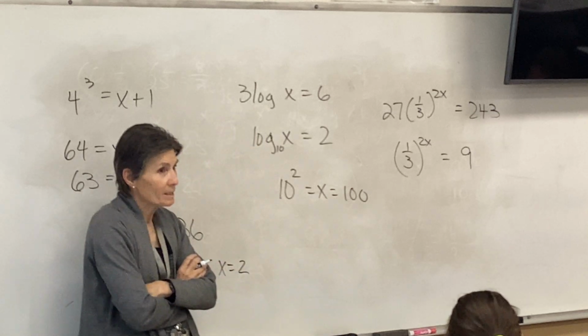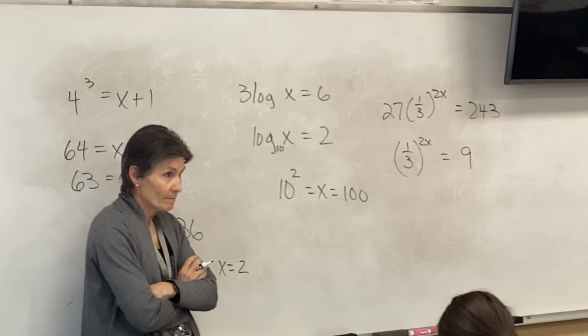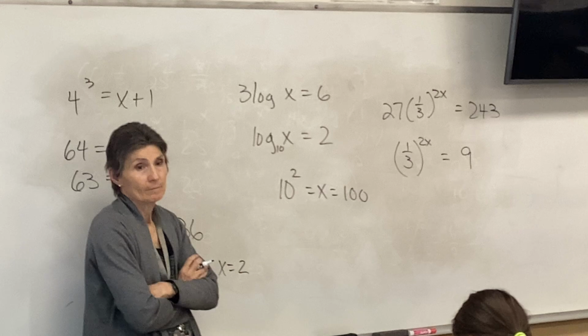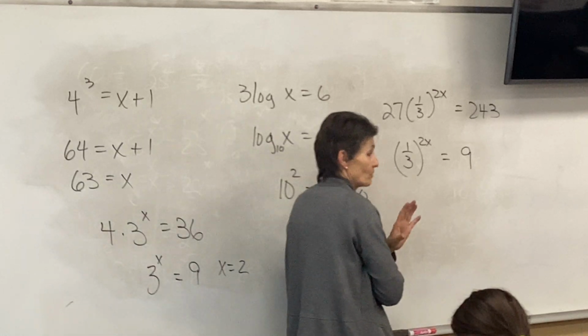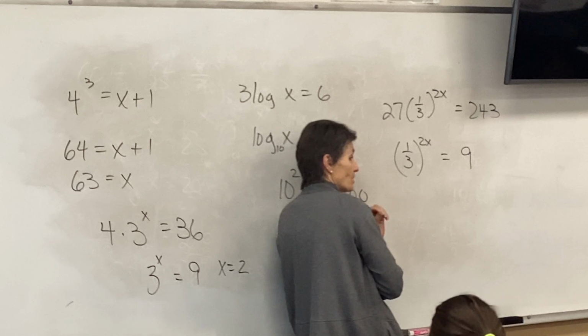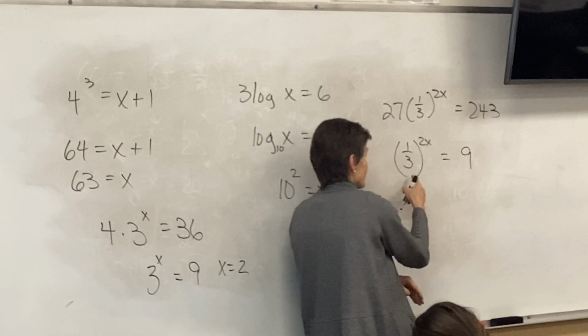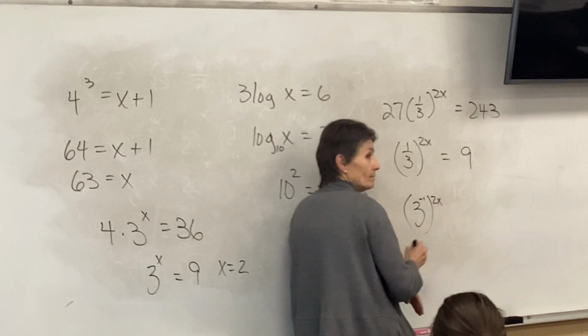Right, now this one's tricky. We need a common base, don't we? What base do you want to use? 3? 3's a good base. Doesn't matter, I'm using 3. We can use 1/3 also, doesn't matter. If 3 is my base, then 1/3 is 3 to the negative first, right?